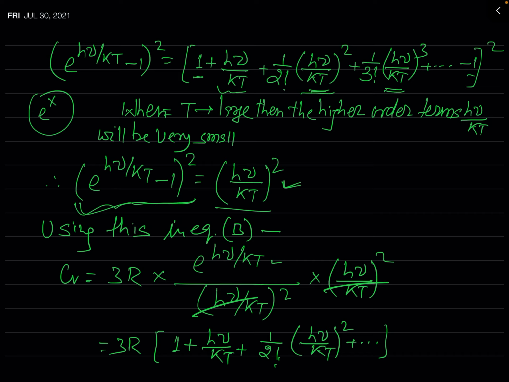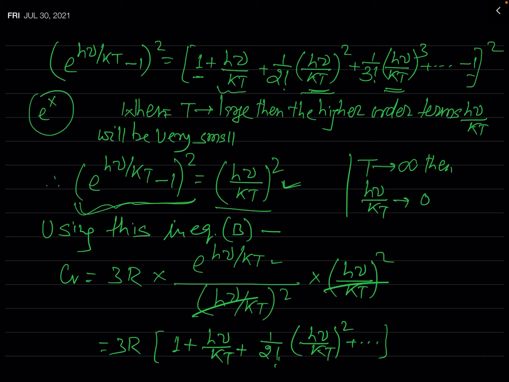But as we are considering that this temperature T is very large, mathematically you can say that T is tending towards infinity. So when T tends to infinity, you can easily see that h nu over kT will tend to 0.